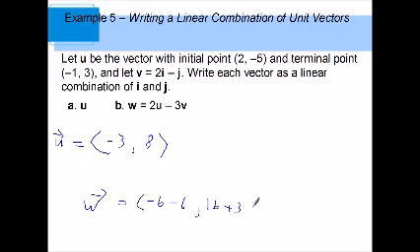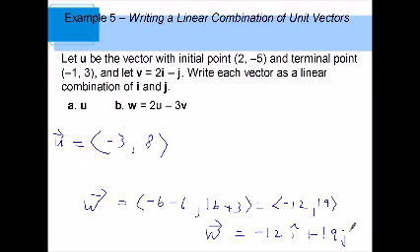And so we get this in component form: negative 6, negative 6, so we get negative 12. 16 plus 3 is 19. To write this as an equivalent vector in the i hat j hat frame, w would be equal to negative 12 i hat plus 19 j hat.